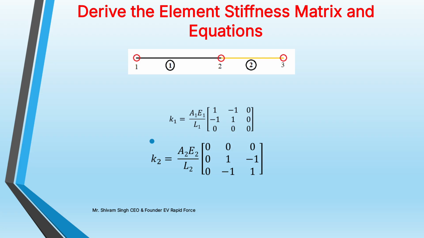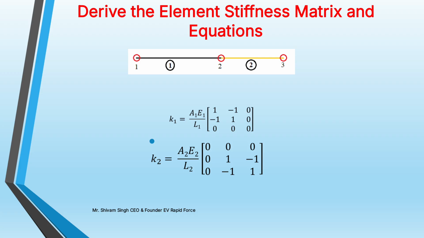Let us suppose we take nodes 1 and 2, and 3 is 0. That's why the row and column of node 3 is 0, and element 1 nodes 1 and 2 have some displacement, taken with their signs.